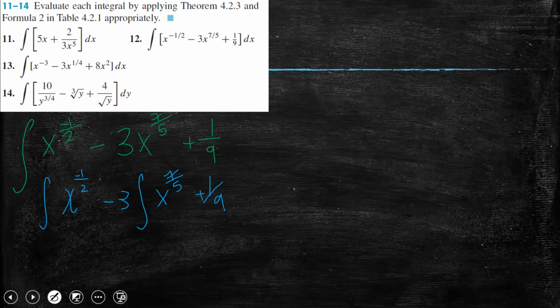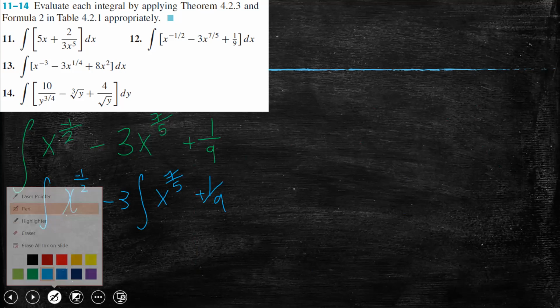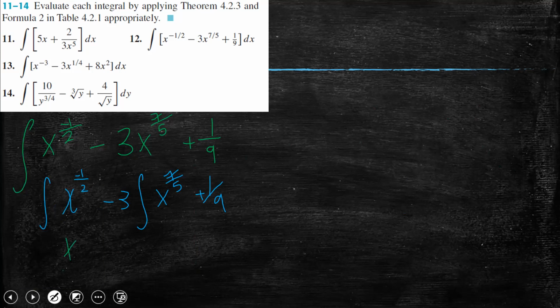Then here we have x to the power -12, so I will add 1 over -12 plus 1. Then minus 3x to the power 7 over 5 plus 1 over 7 over 5 plus 1 plus.